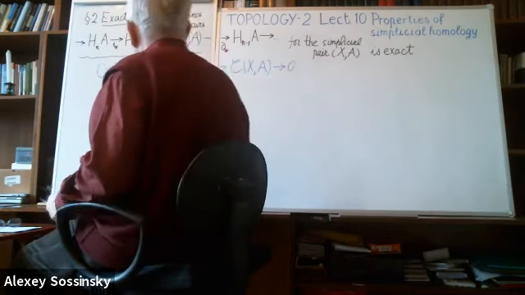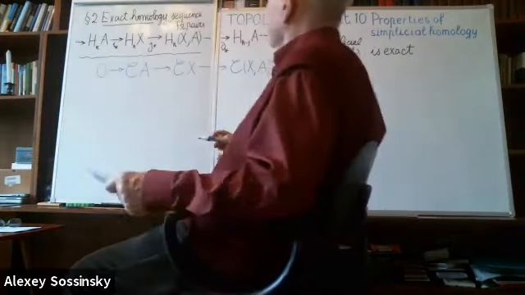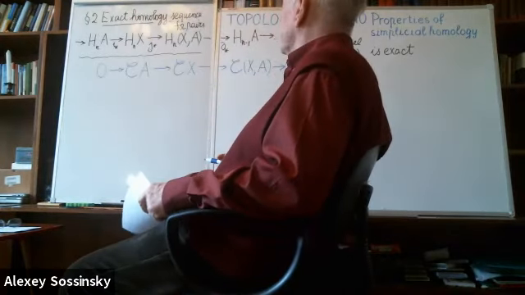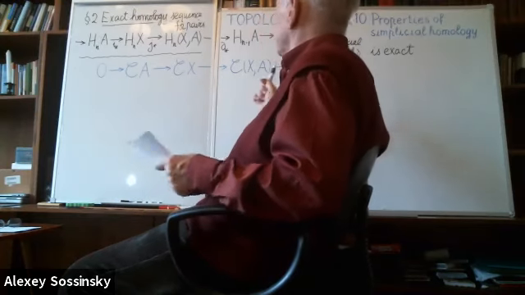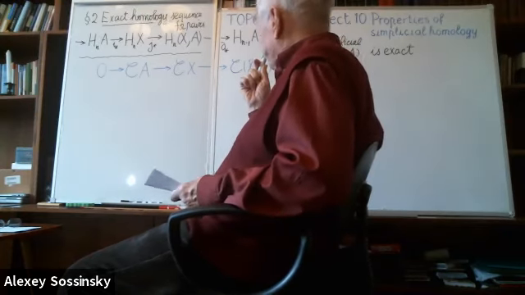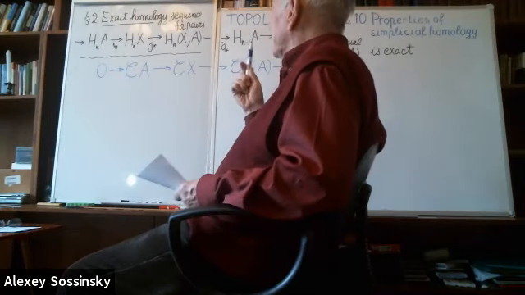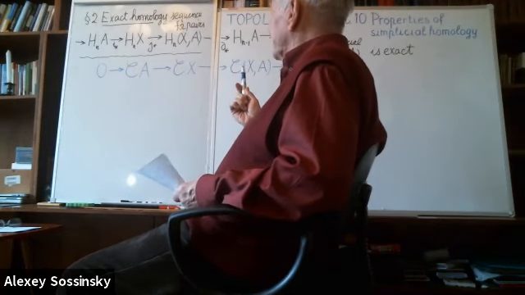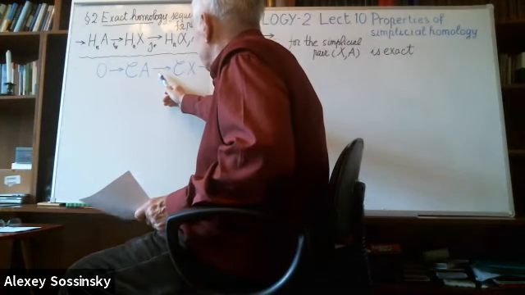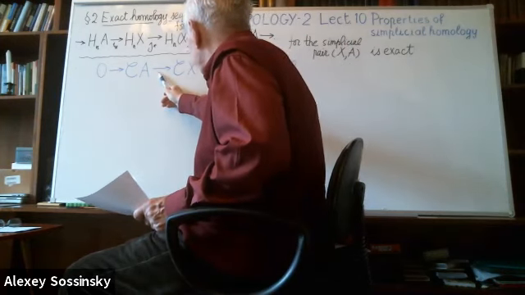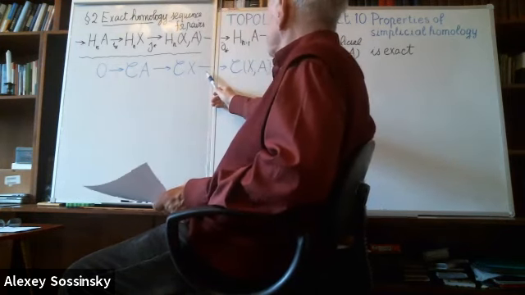Now this short sequence of chain complexes is obviously exact, because exactness means here that here we have a monomorphism, and here we have an epimorphism.